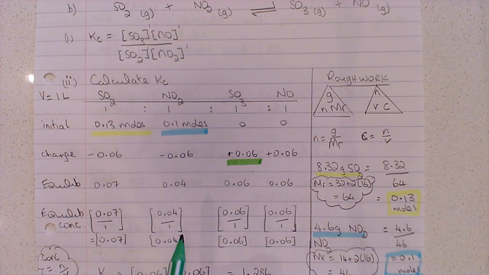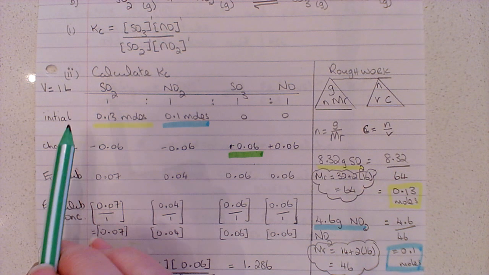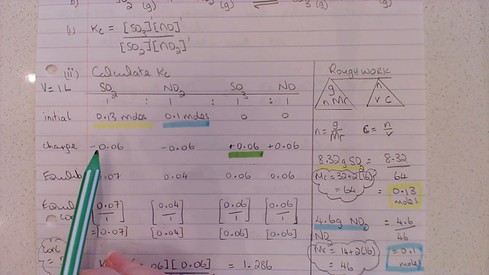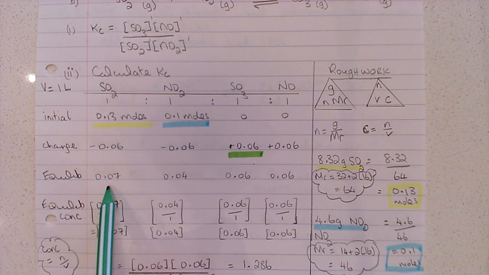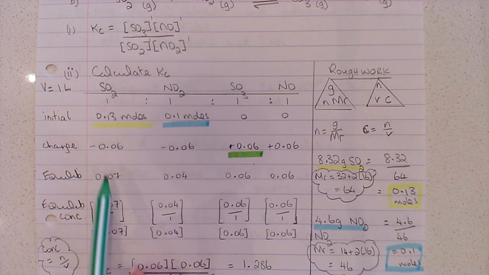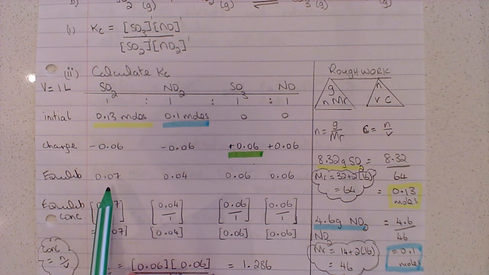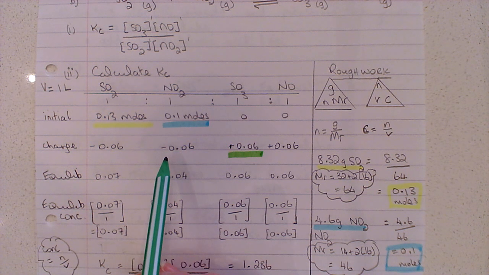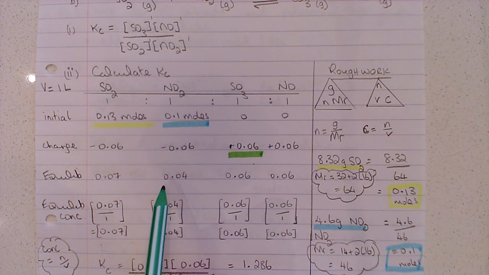So at equilibrium, I have 0.13 moles of SO2, what I started with, minus the 0.06, which gives me 0.07 moles of SO2. For NO2, I started with 0.1, I'm losing 0.06, therefore at equilibrium I have 0.04 moles of NO2.